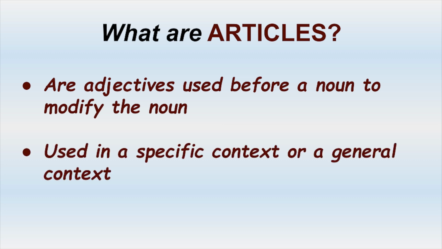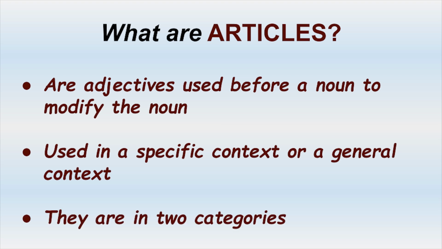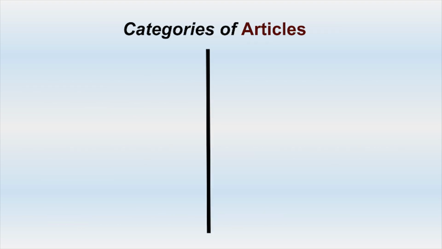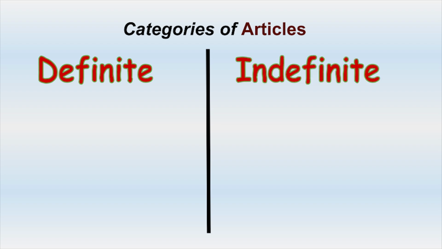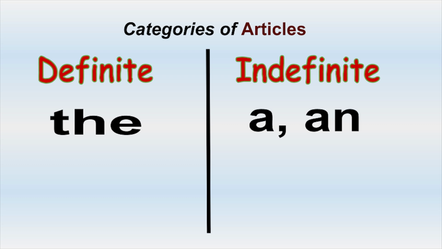They are used in a specific context or a general context, and they are in 2 categories. The 2 categories are definite article and indefinite article. The is the definite article, and a and an are the indefinite articles.